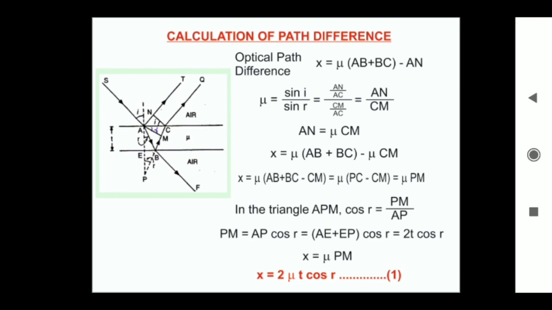But from the diagram we have AB is equal to BC and it is equal to PB. Therefore, path difference x is equal to mu into (PC minus CM), and it is equal to mu into PM.